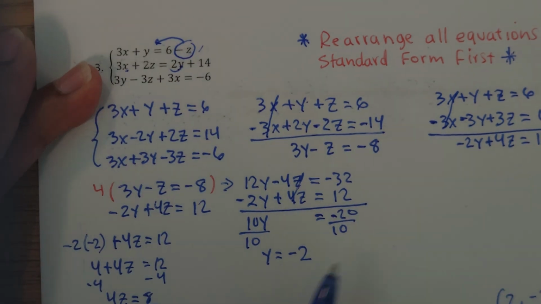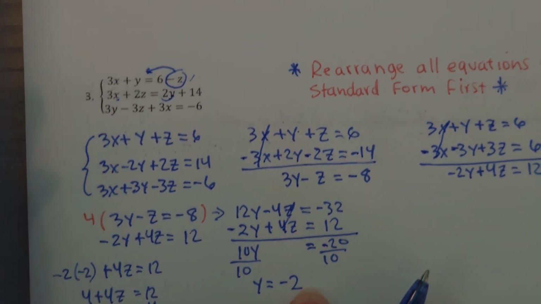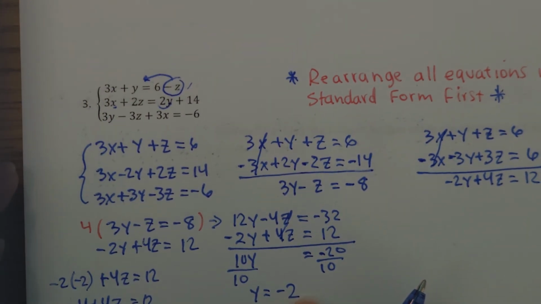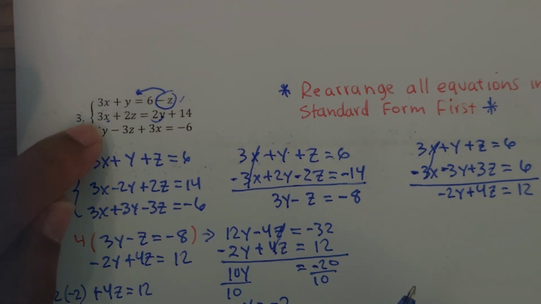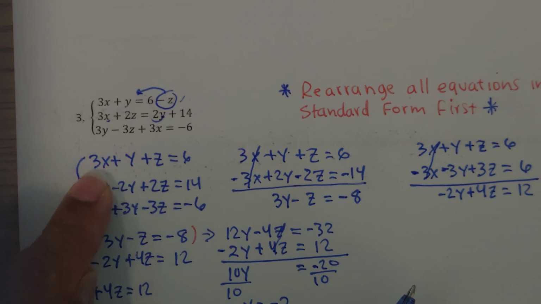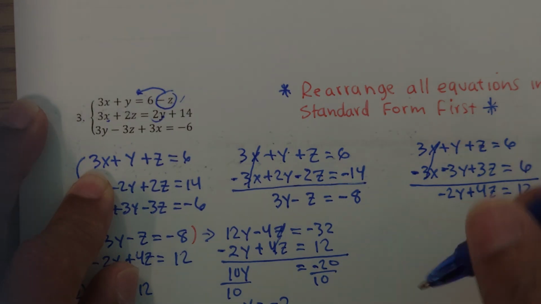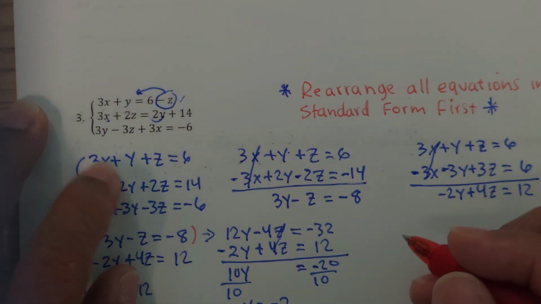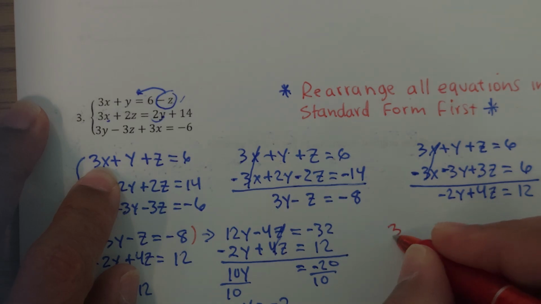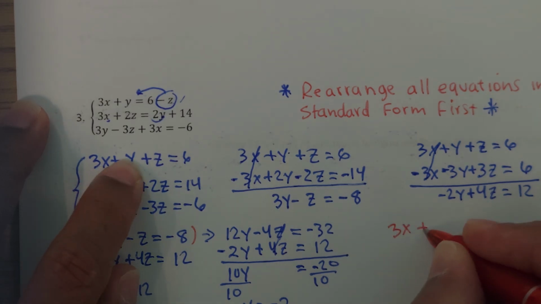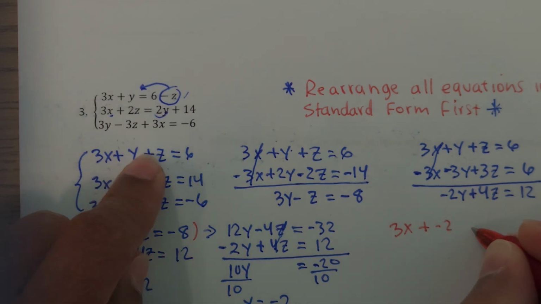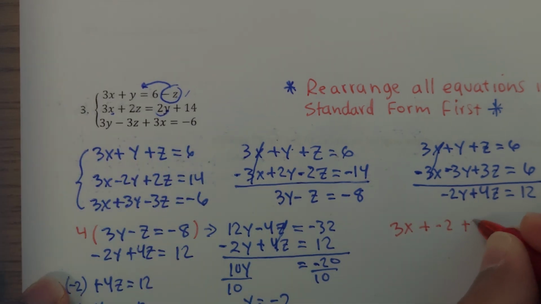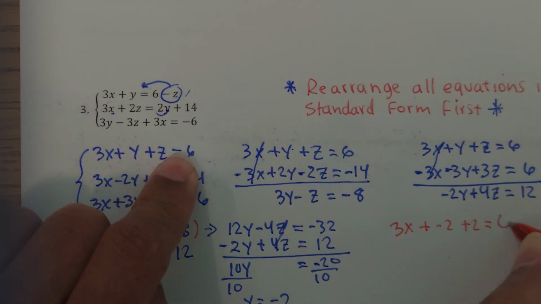Okay, so now we have y and z. Let's go to the first equation that we rearranged. We have 3x plus y, which is negative 2, plus z, which is 2, equal to 6.